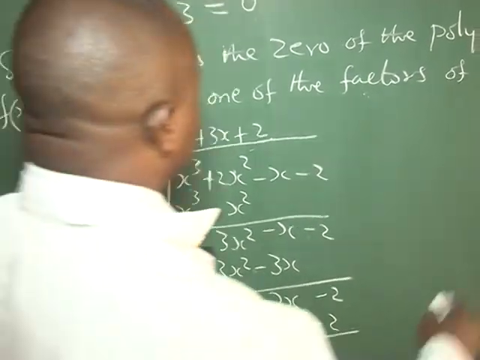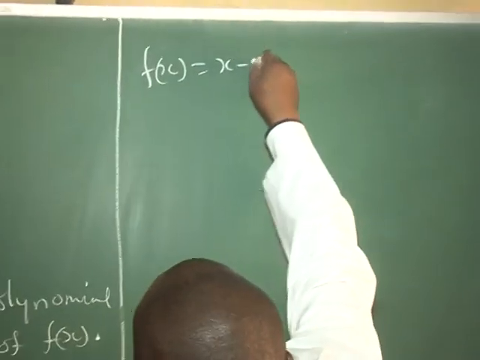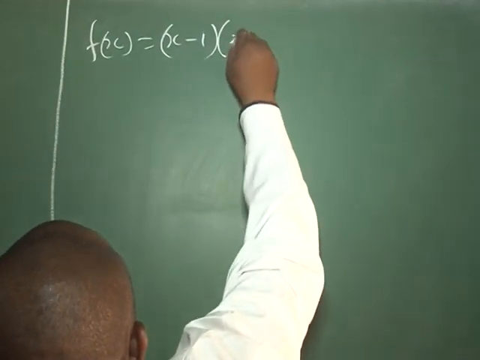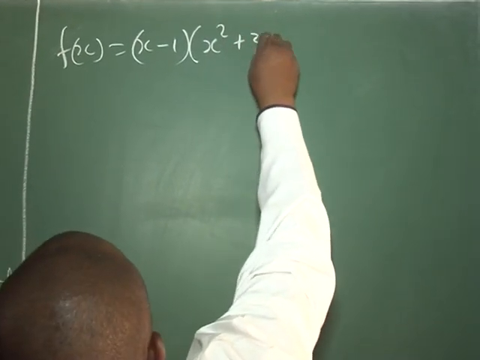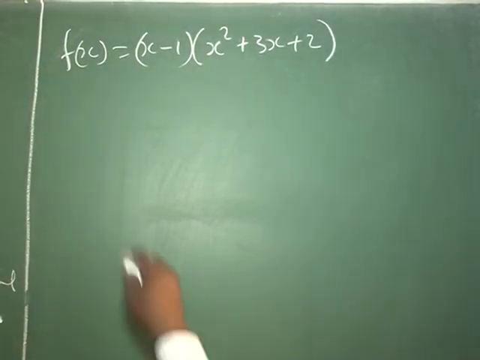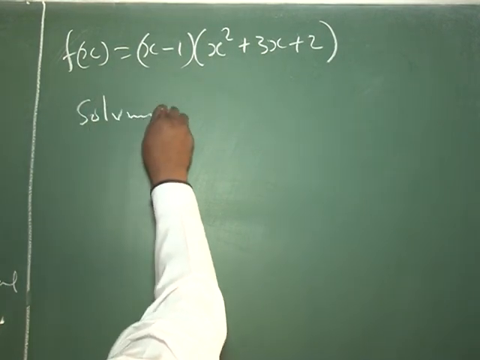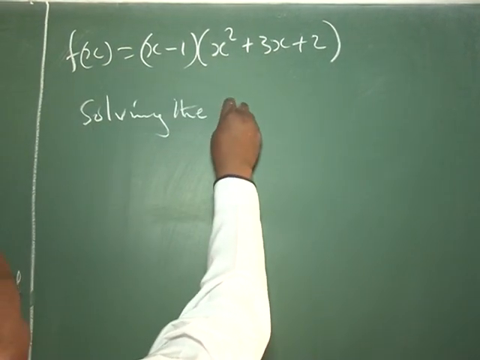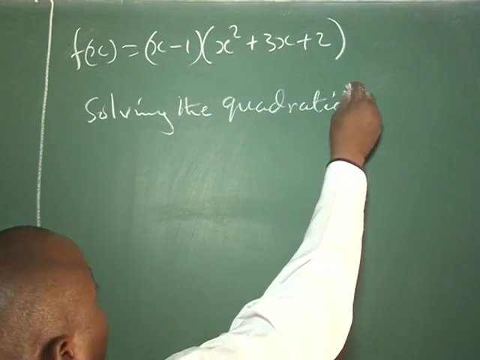So f of x now becomes x minus 1 as a factor, then we have x squared plus 3x plus 2 as a factor. Now we can solve this quadratic factor.